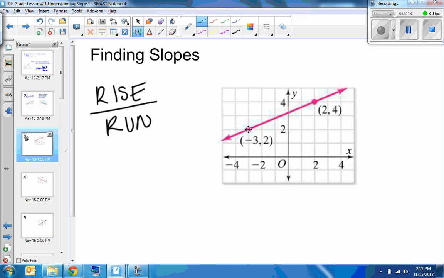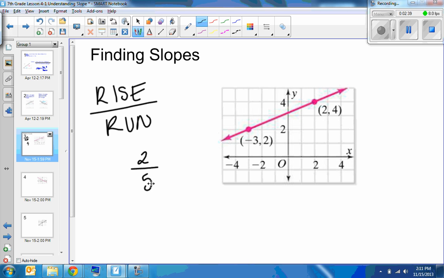From this point, I'm going to count 1, 2. Since I went up, it's positive, so +2. Then from where I am here, I want to know how many I go horizontally. What's my run? So I went 1, 2, 3, 4, 5.